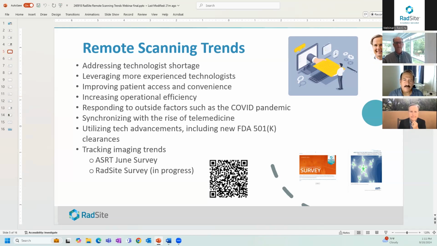Yeah, and the trend for technologists, I think, is parallel to the trend for radiologists to increasingly do image interpretation remotely outside of an inpatient or outpatient imaging facility itself. It seems to me that there's a couple of issues with regard to the technologists. One, as you alluded to, is the shortage of the absolute number of technologists. The other is the relative shortage of experienced or expert technologists.